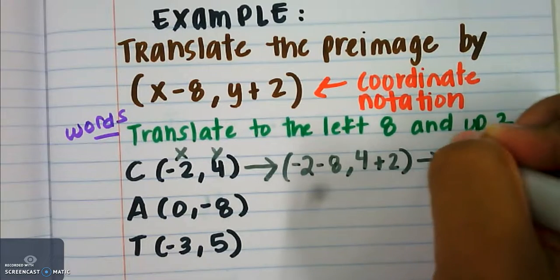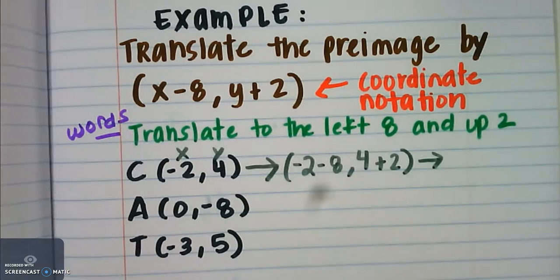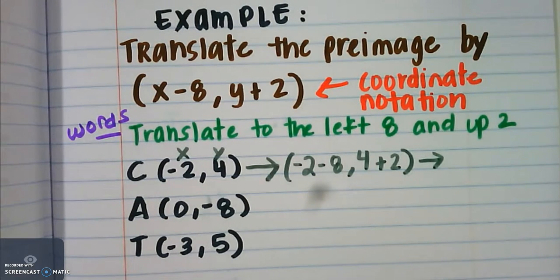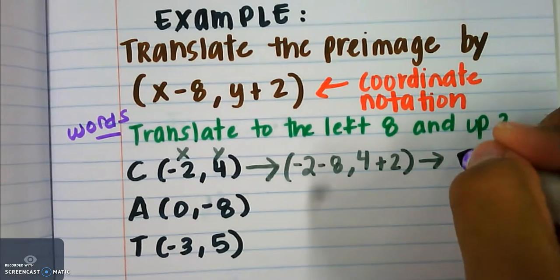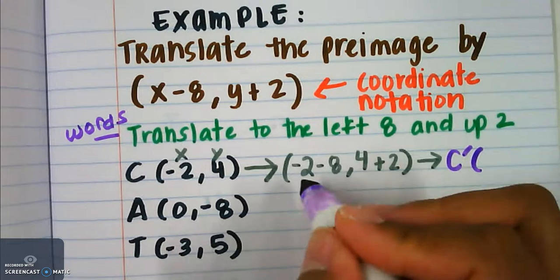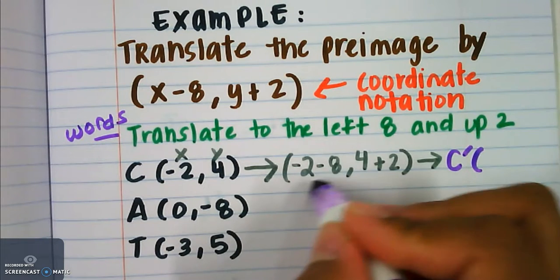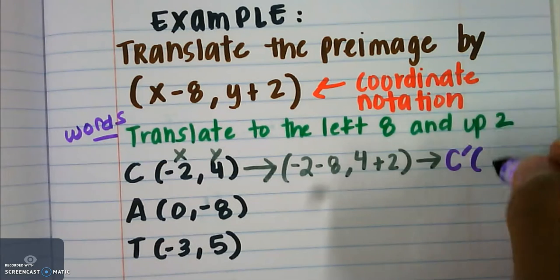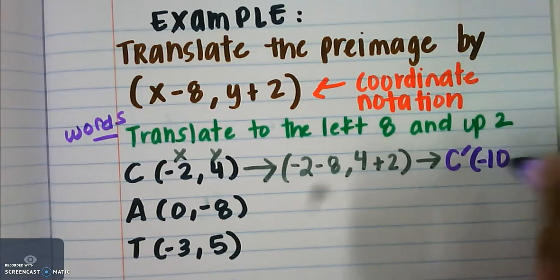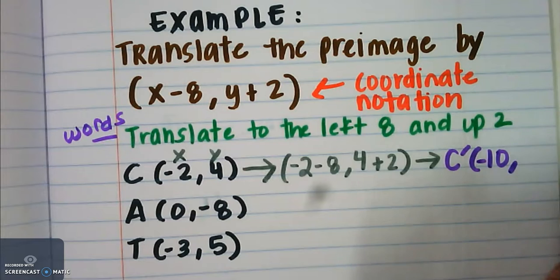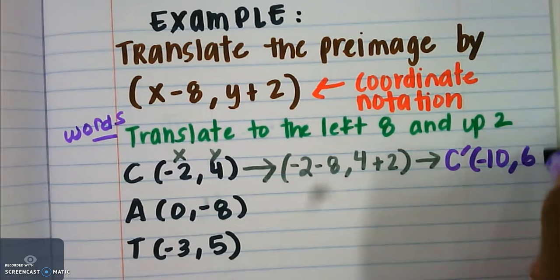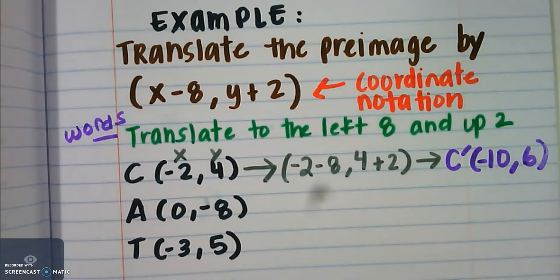So that will become C prime, negative 2 minus 8. We got two negatives, so we're going to put them together. 8 plus 2 is 10. They're both negative, so we keep the negative. And then 4 plus 2 is 6. So our new point is negative 10, 6.